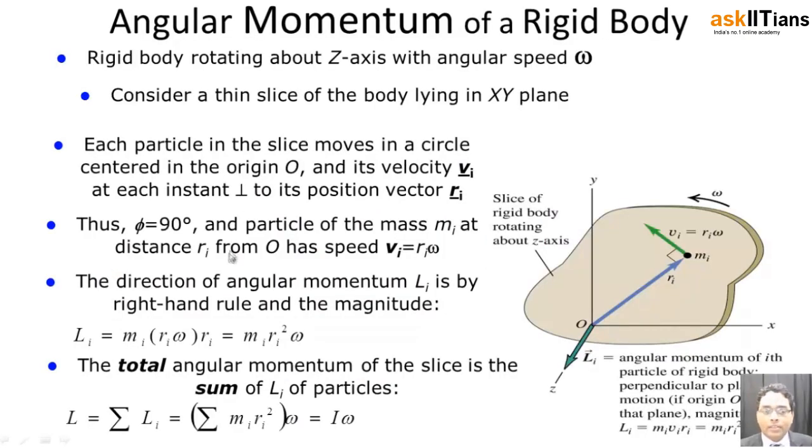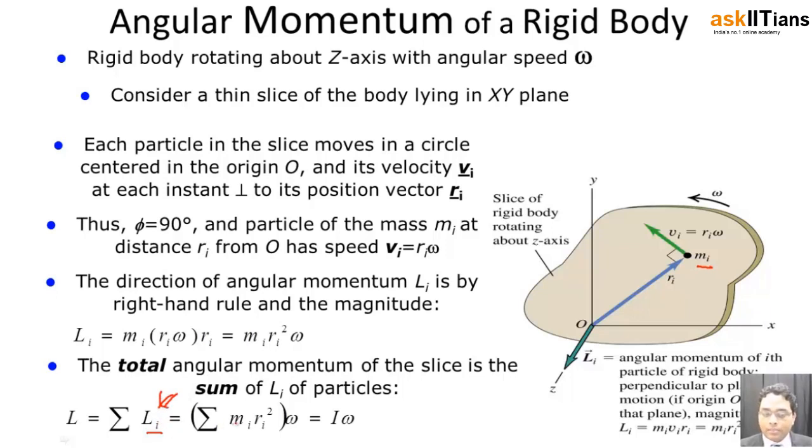If we take it further, we have to sum up for every individual particle. We discussed the case of angular momentum in the previous slide, which was for every single particle. If I have to sum it up for all the particles, we'll say that L is equal to sigma Li. For individual masses mi, there is an angular momentum Li associated with it.